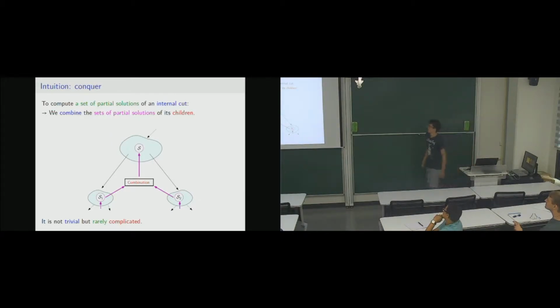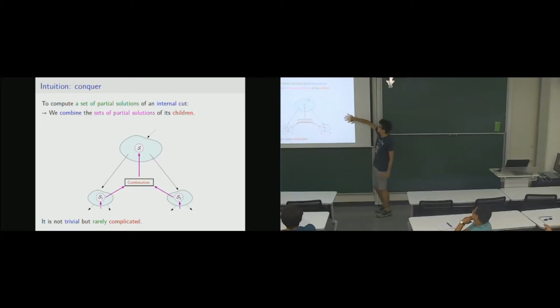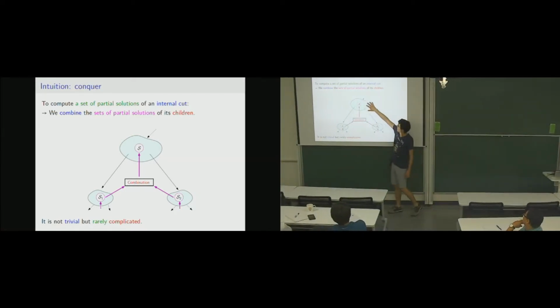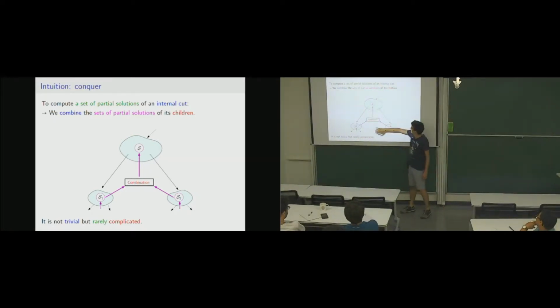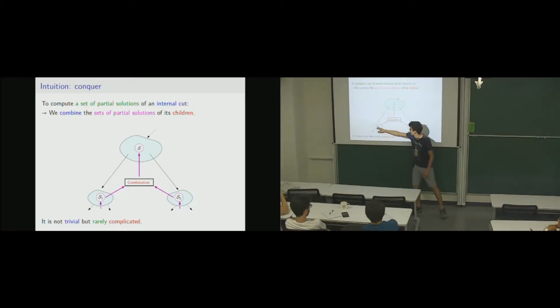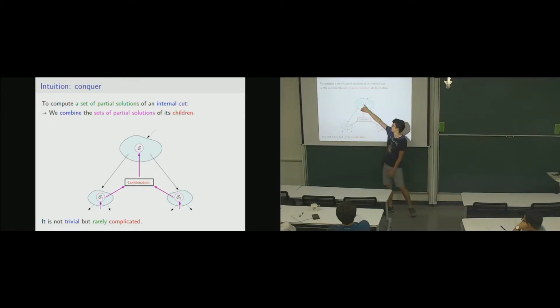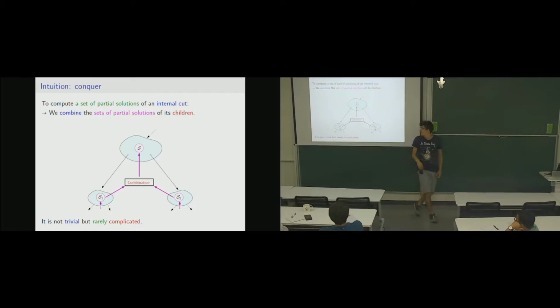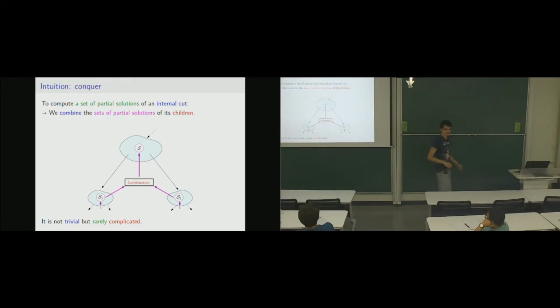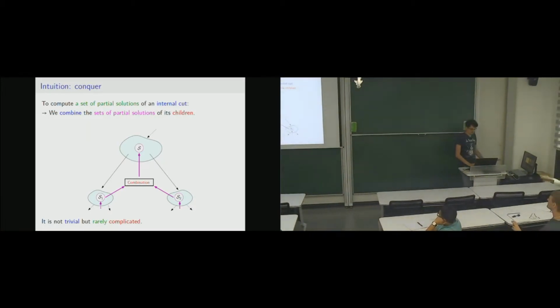To compute the set of partial solutions for an internal cut, you just combine the two sets of partial solutions. Basically, it is always the same: you take a partial solution here and one here, you take their union, and it gives a partial solution here. It's not trivial, but it's not complicated.